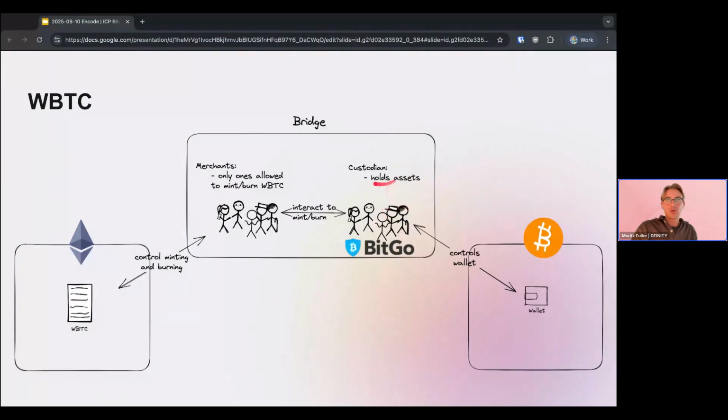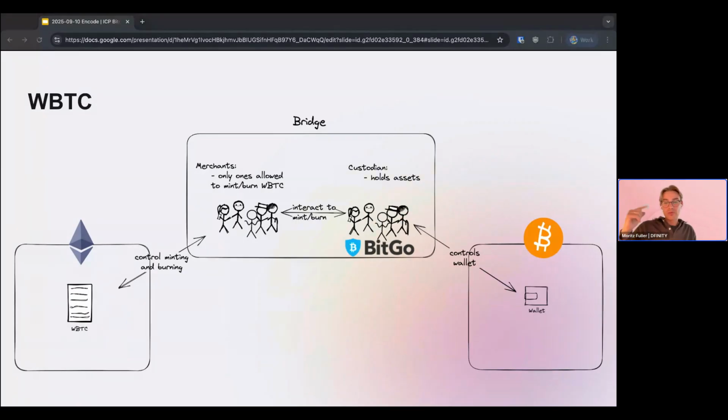As soon as the custodian sees that the Bitcoin has arrived, they mint the same amount of WBTC to the merchant. If a user now wants to bridge their Bitcoin to WBTC, they actually have to go through KYC and AML with the merchant, send them the Bitcoin, and then wait to receive back the WBTC.